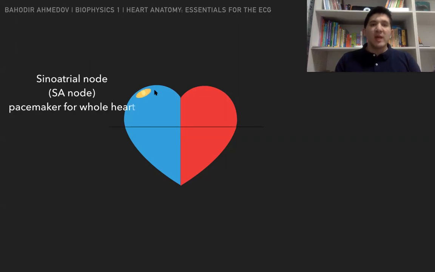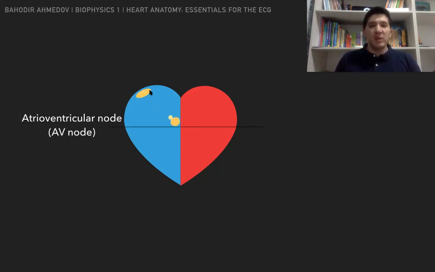This is called the SA node, or sinoatrial node. It is the main pacemaker of the heart, so it creates the beat of the heart. Once it creates the action potential, the signal is transmitted to the AV node, which is located at the bottom left corner of the right atrium.